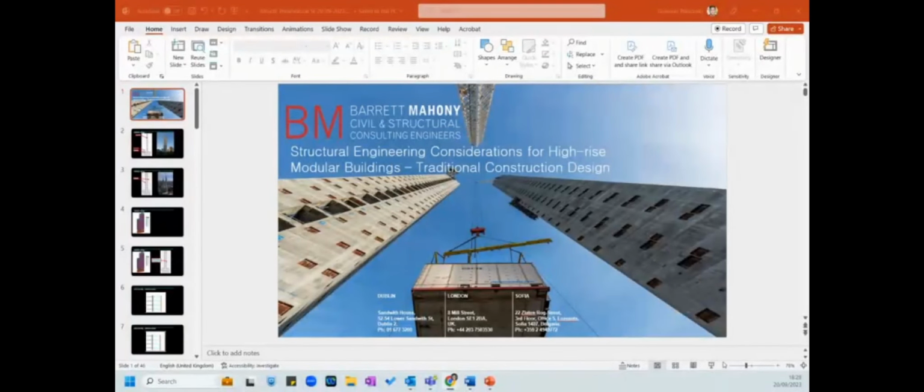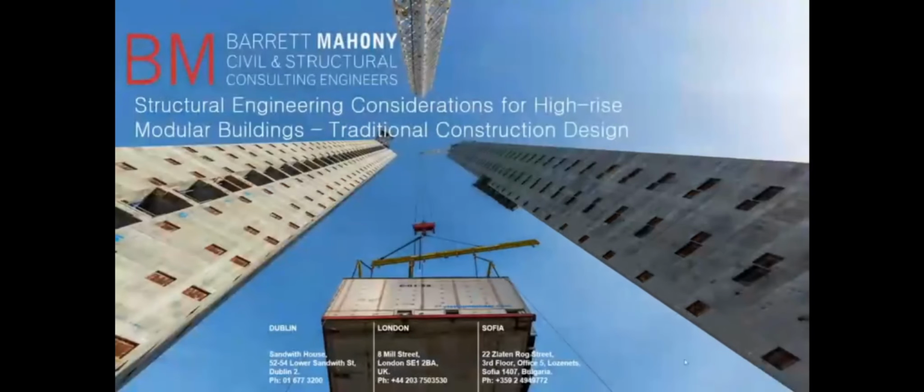Toggle screen share is not working for me. Gio, can you share the screen, please? Yeah, I'll do that now. Okay, thanks. Perfect. So I'll just tell you next slide then, is it?